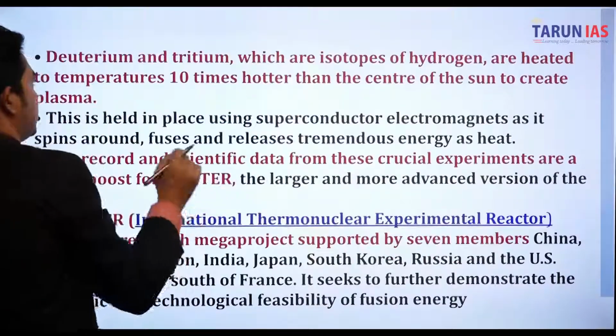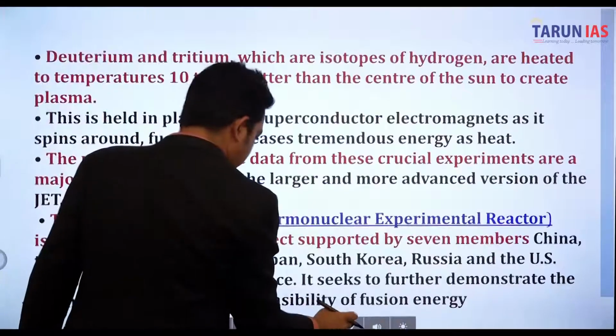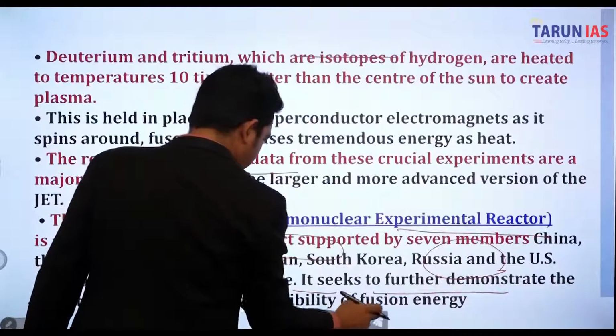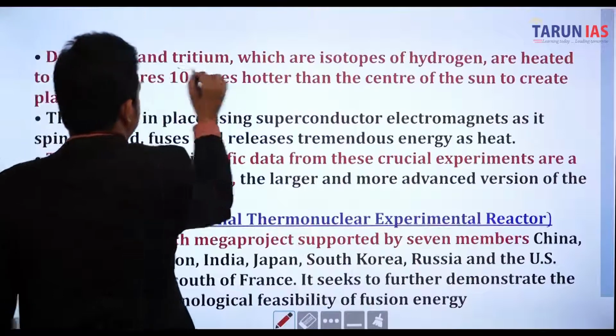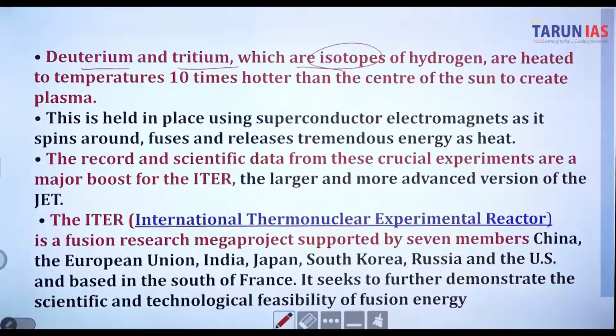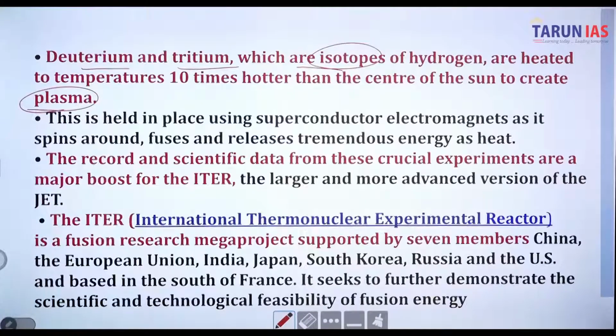Deuterium and tritium, which are isotopes of hydrogen, are heated to a temperature 10 times hotter than the center of the sun to create plasma, which is a liquid jelly-like substance. This is held in place using superconductor electromagnets as it spins around, fuses and releases tremendous energy as heat.